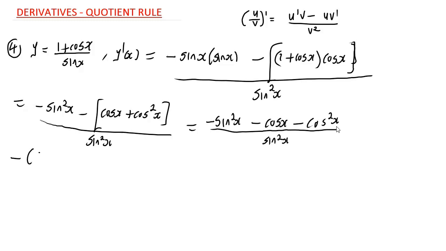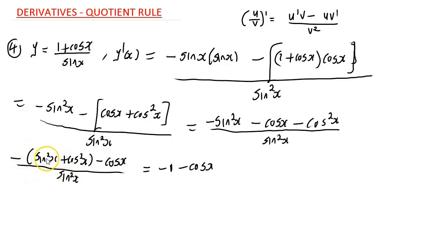Now, if you take a look at this, negative sine square s, negative cosine square s, we can write this as negative sine square s plus cosine square s, and minus cosine s. Then this is divided by sine square s. We know that sine square s plus cosine square s is 1.